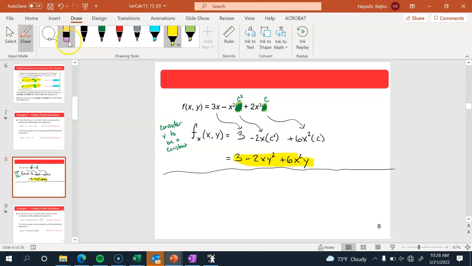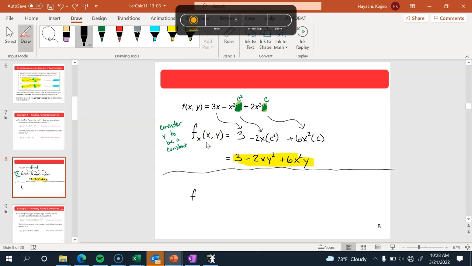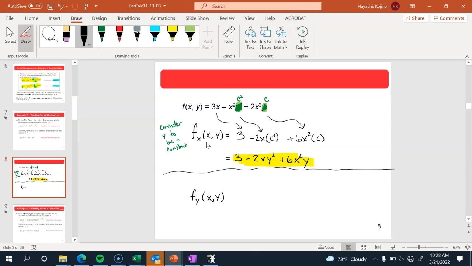So now we need to do the same with respect to y, holding x constant. So f sub y, the partial derivative with respect to y of this function.